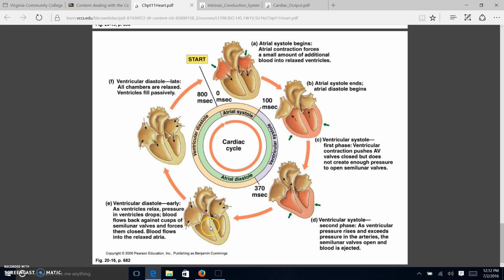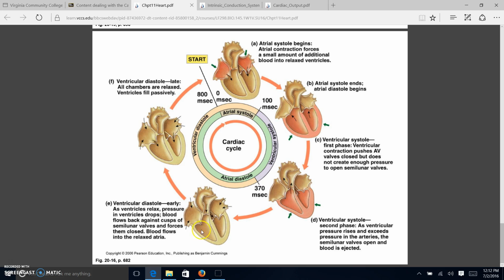Notice that out of these five pictures, there are two pictures where all the valves are closed. This picture, where I've shut those valves but haven't opened these valves, and this picture, where once I started relaxing and the blood tried to backfill, it closed the semilunar valves from the other side.